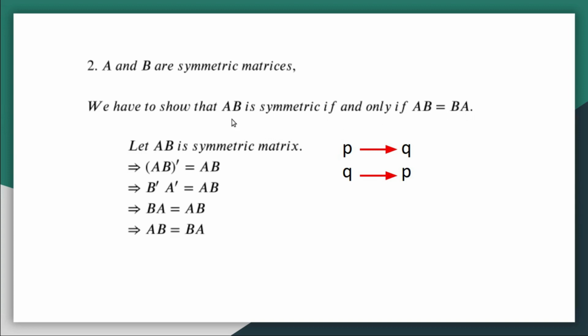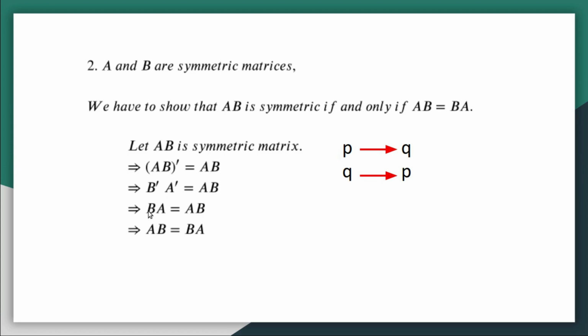First, assume AB is symmetric, then we will get AB equals BA. Now AB is symmetric implies (AB) transpose equals AB. A matrix is said to be symmetric if its transpose equals the matrix itself. Since AB is symmetric, (AB) transpose equals AB. Now we know that (AB) transpose equals B transpose into A transpose, and that is equal to AB.